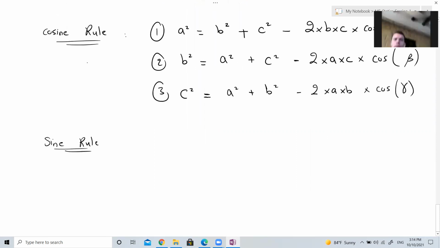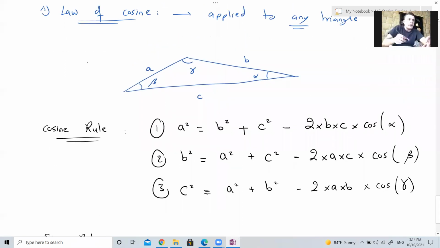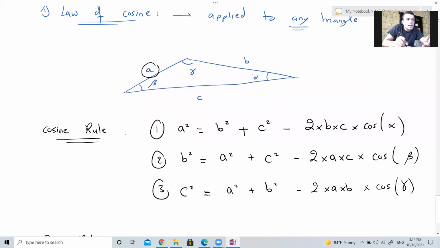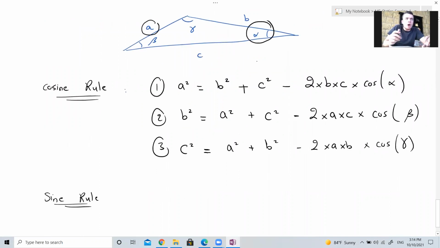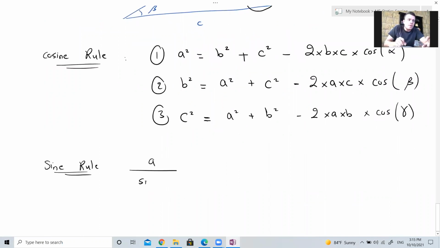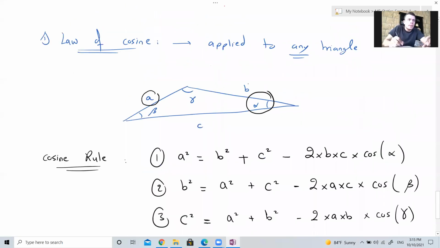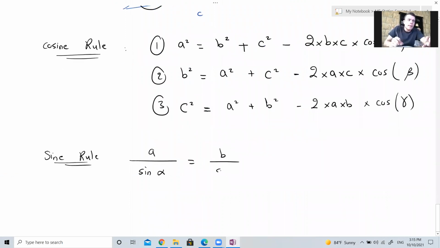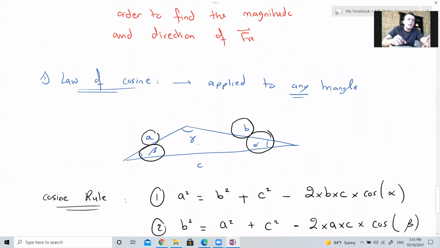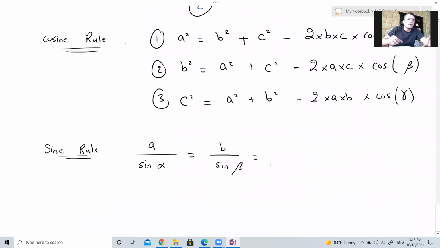We also have the sine rule. I think the sine rule is easier. What does the sine rule say? It says the side over the sine of the opposite angle, meaning a over sine alpha equals b over sine beta equals c over sine gamma.